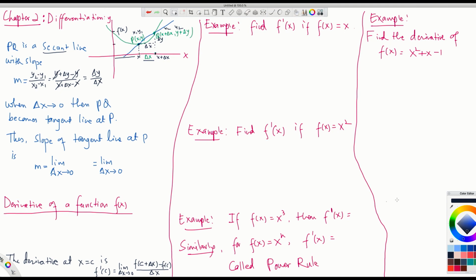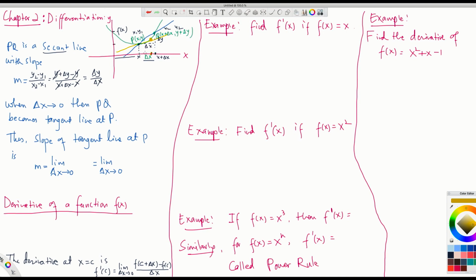Let us do something different here. What I want to do is decrease this length delta x. If I decrease delta x a little bit, how does it look? That point Q will move, right? And then your secant line will look like this. You see that? When you decrease the value of delta x.